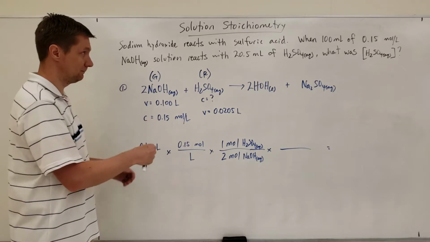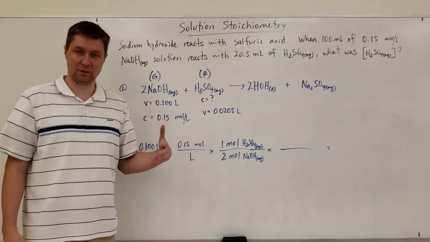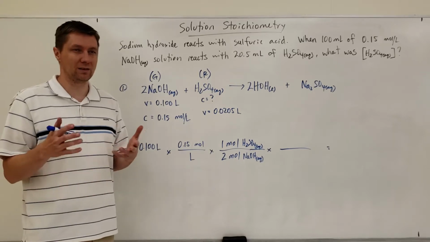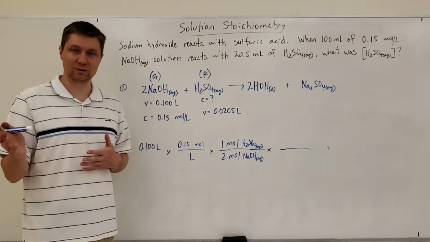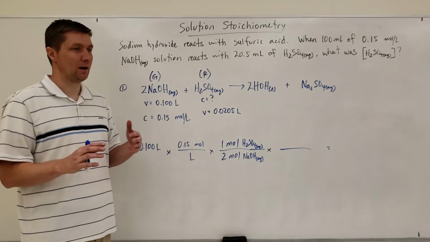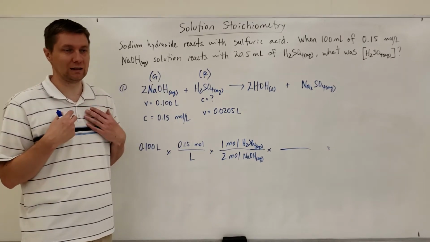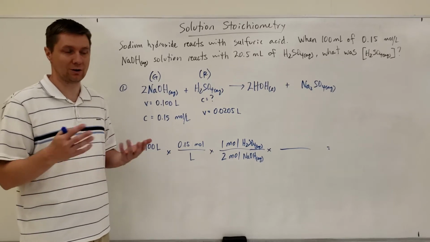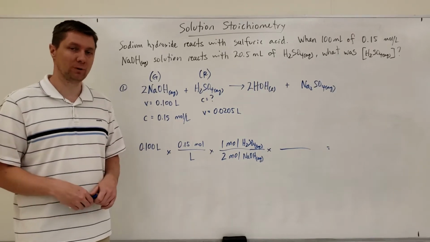You can also see that the question gives me the volumes in milliliters. You have the option here to change them to liters. It helps a little bit, I think, with canceling the units out. I'm going to show you both ways. I personally like to leave the milliliters as milliliters. I think it's one or two more steps that you're adding in where you could potentially make a mistake.